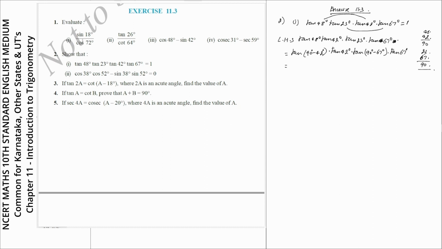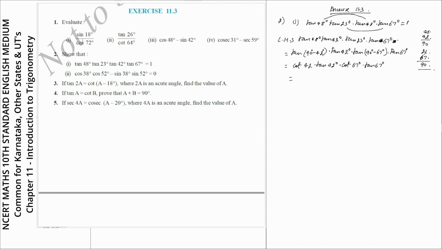Now the left hand side is equal to tan of 90 degree minus 42 degree, which I can write as cot of 42 degree. Tan changes to cot. So this is cot 42 degree into tan 42 degree into, now tan of 90 degree minus 67 degree, here also tan will change to cot, I can write as cot of 67 degree into tan of 67 degree.